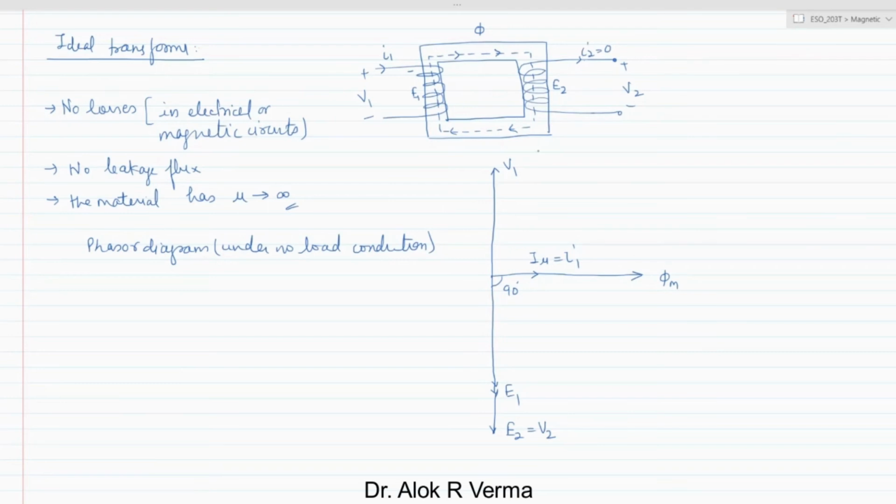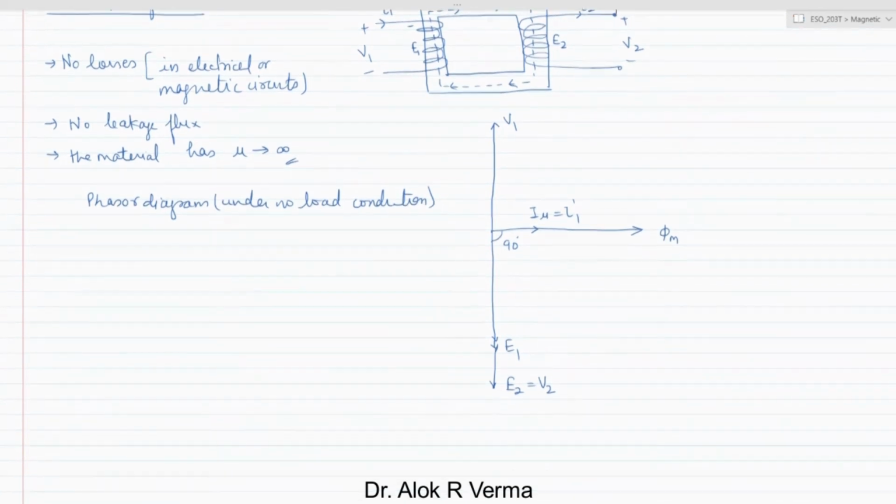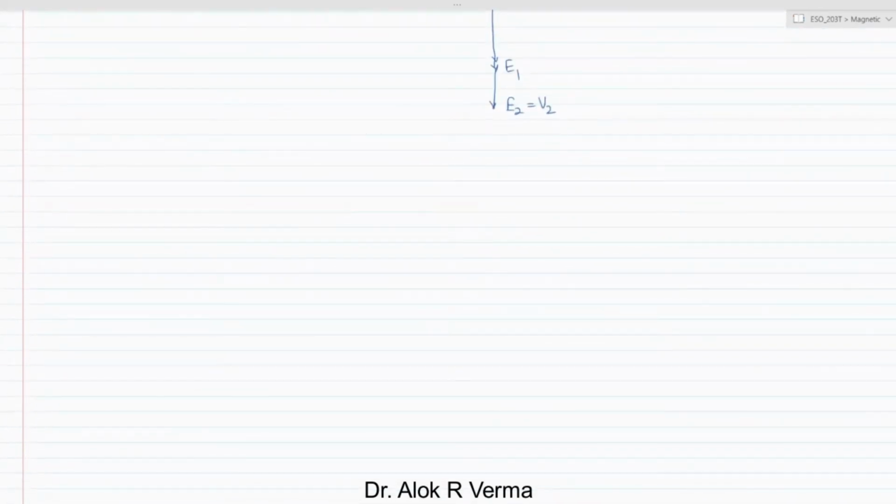One of the interesting things we mentioned was the transfer of energy. The voltage ratio V1 and V2 is related so that the secondary voltage is related by N2 by N1.